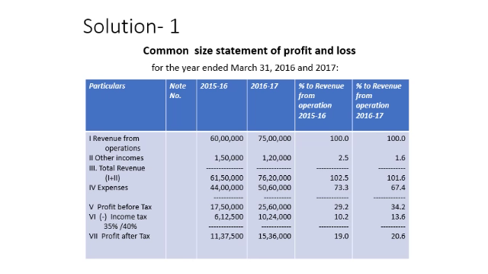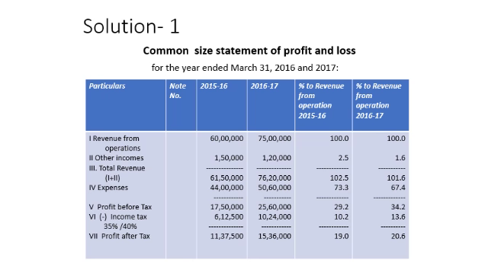Now the 1,50,000 is to be divided by the 60 lakh. Then the answer is 2.5. Then the 61 lakh 50,000 is again divided by the 60 lakh. Every figure of one particular year is to be divided by the one selected base. So every figure of the previous year is to be divided by the 60 lakh. The 61 lakh 50,000 is divided by the 60 lakh multiplied by 100, then the answer will be 102.5.